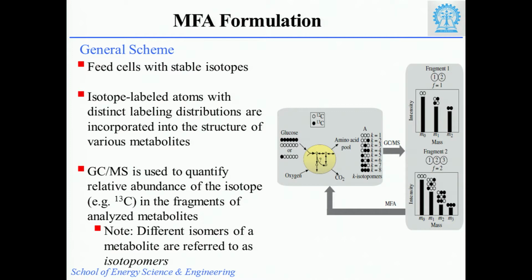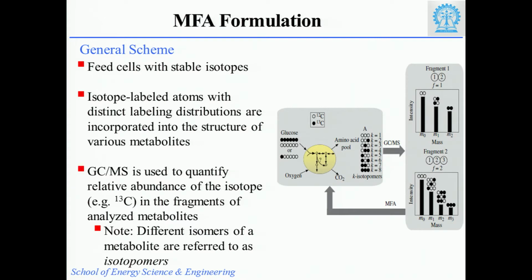And then once the glucose enters, then you have alanine. So, alanine, if you consider the 3 carbon system, then how many ways can you label? There are 8 ways, 2 to the power 3, as we have 3 carbons, so you have 8 different isotopomers.